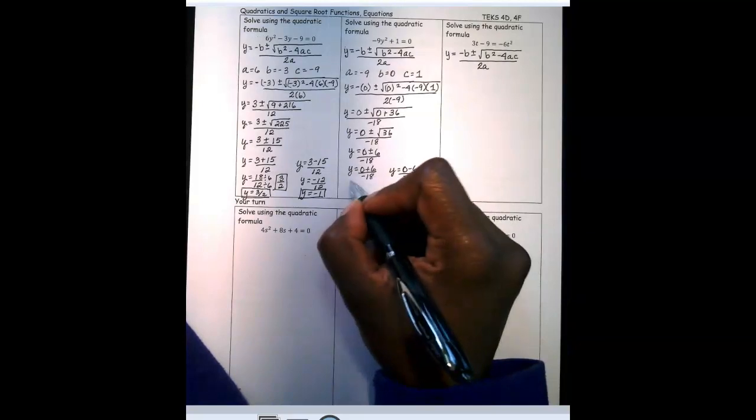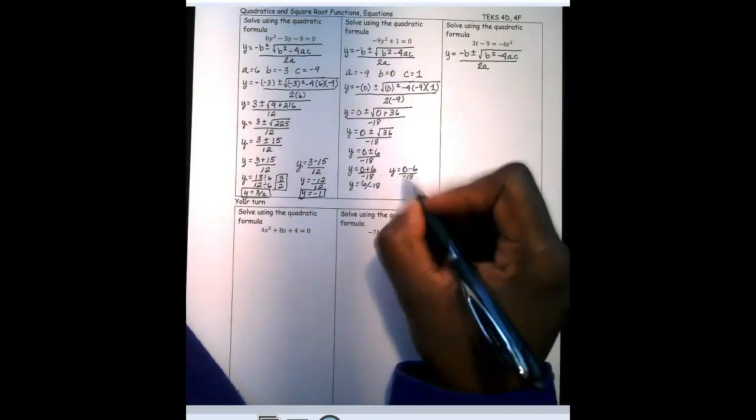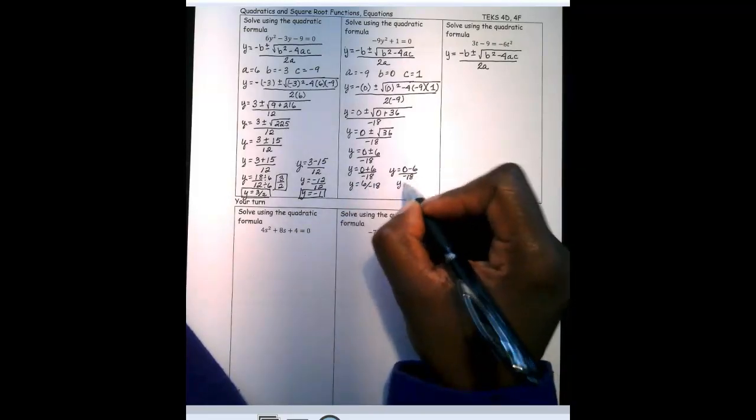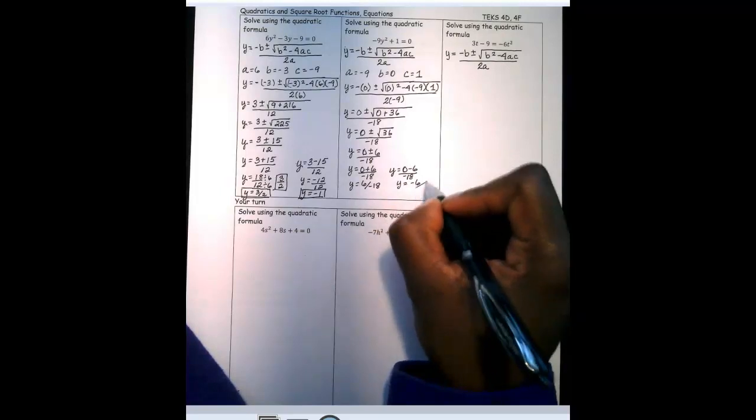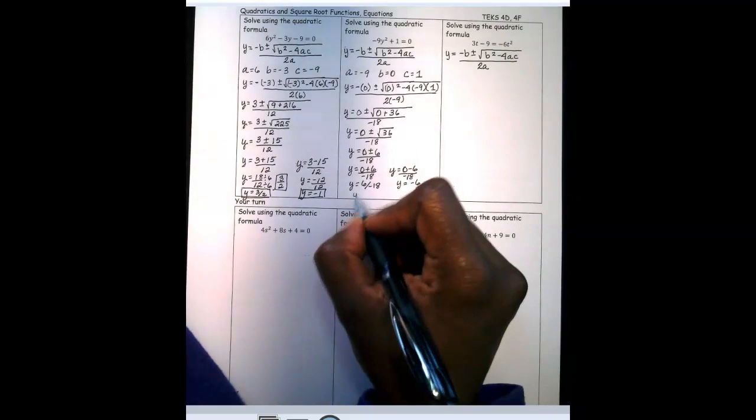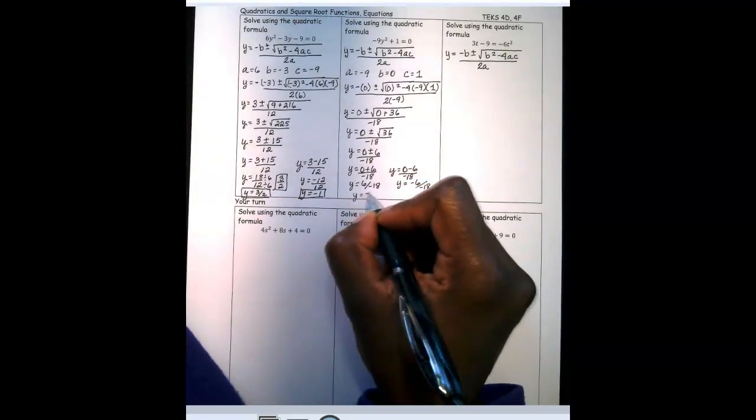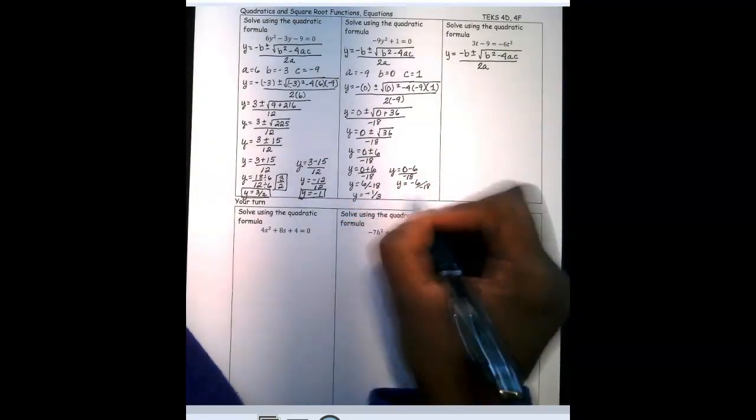Well, 0 plus 6 is 6. So we've got y is equal to 6 divided by negative 18. And over here we've got y is equal to negative 6 divided by negative 18. So y is equal to negative 1/3 and y is equal to 1/3.